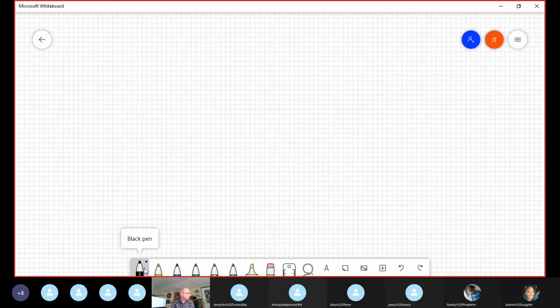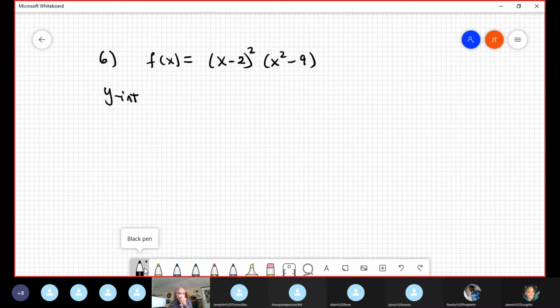Okay. Number 6. f of x is equal to x minus 2 squared times x squared minus 9. For the y-intercept, evaluating at 0, we have minus 2 squared times negative 9.